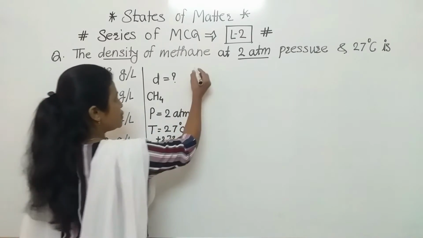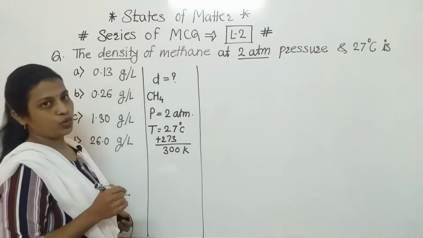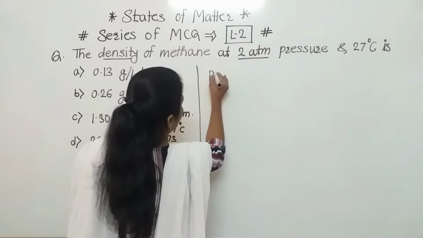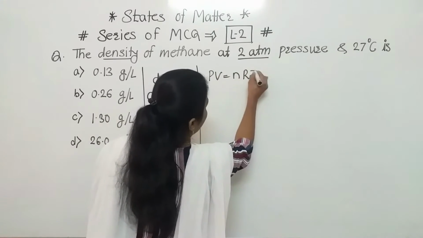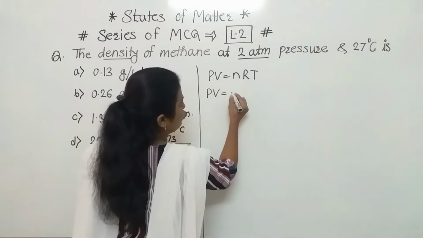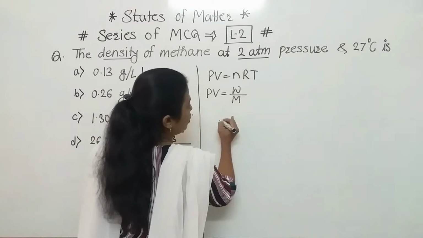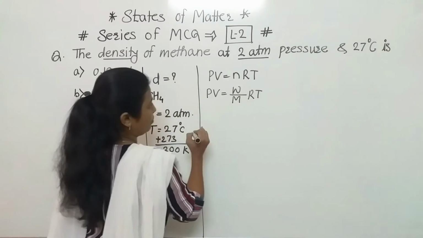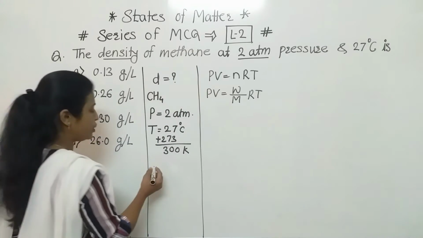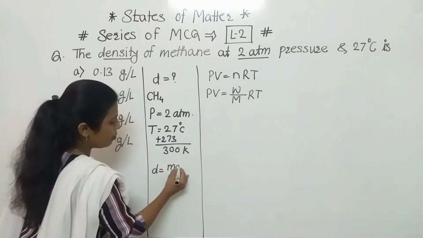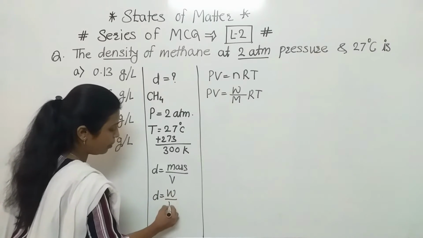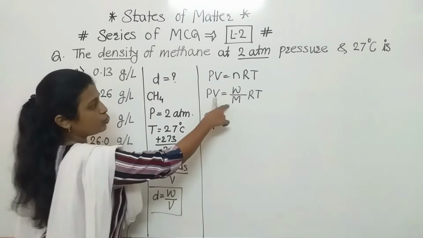Clear to everyone? Which formula we have to use? Simply, PV is equal to nRT. In that, instead of n, we use the number of moles formula, W divided by molar mass, into RT. What is the relation between density, volume and mass? Density is equal to mass upon volume, that is D is equal to W by V. Is it possible to maintain that formula?